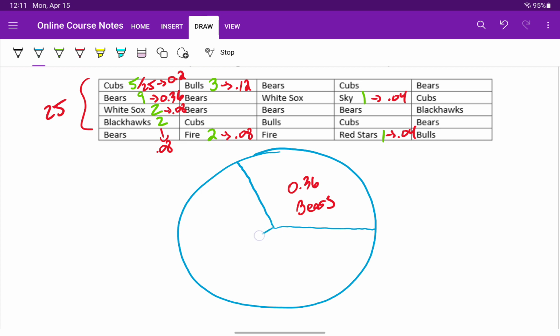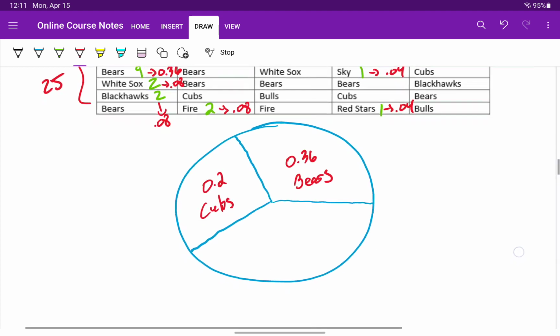We would cut out a portion that represented 0.2 for the Cubs. So 20% of the time someone responded Cubs. 12% of the time someone responded Bulls.